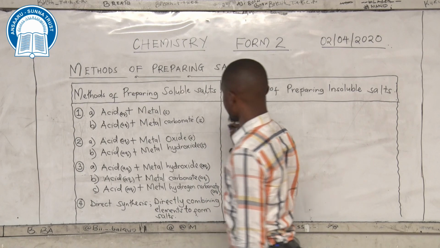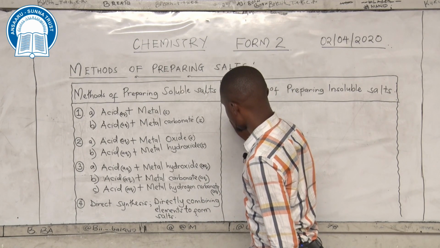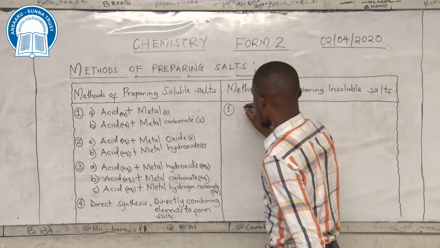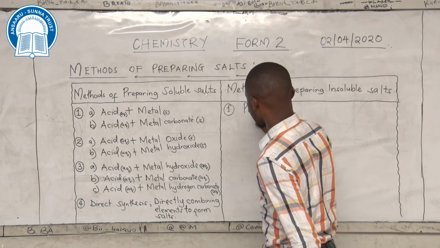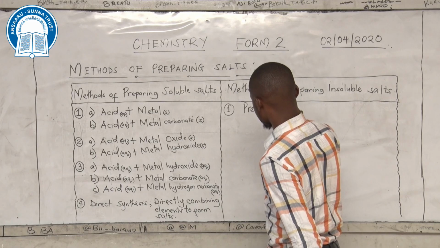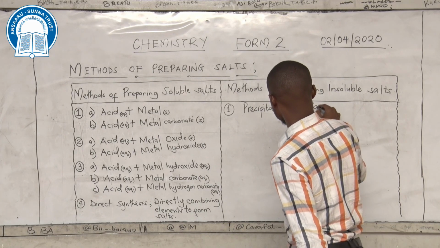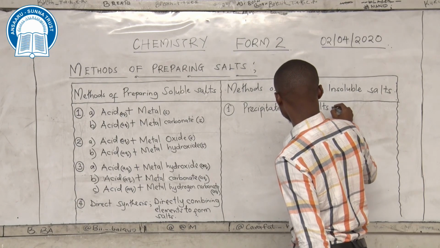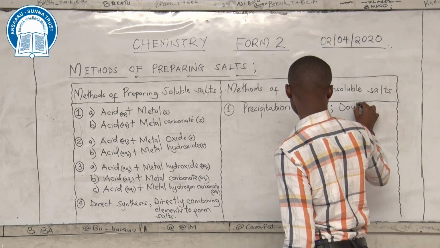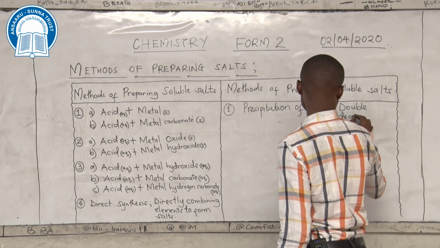It is also a method here. It will be the first method here. It can be used here. So number 1 method here, as a method of preparing insoluble salts, is what we call precipitation of salts, sometimes referred to as double decomposition of salts.